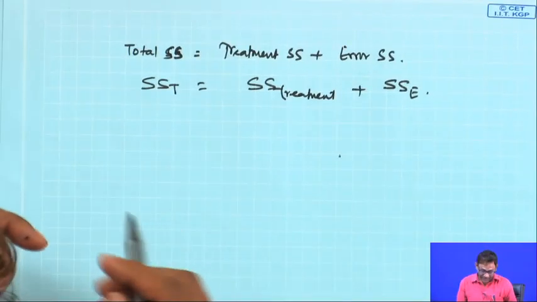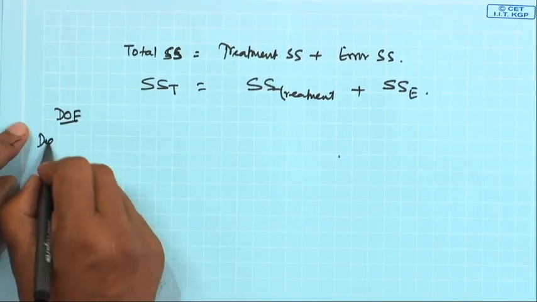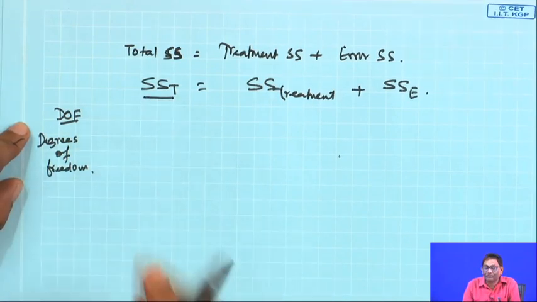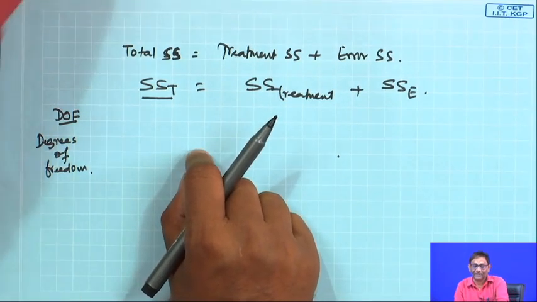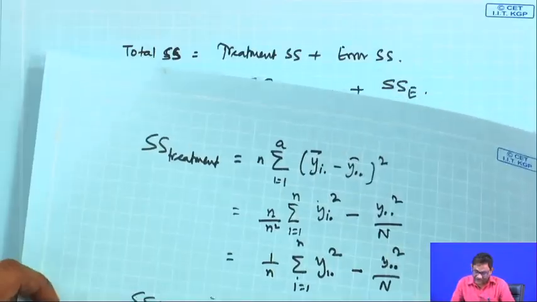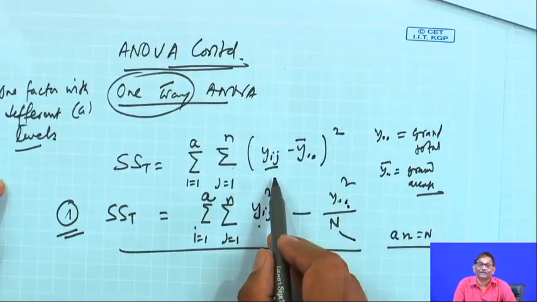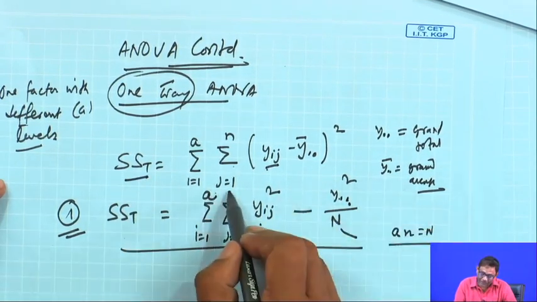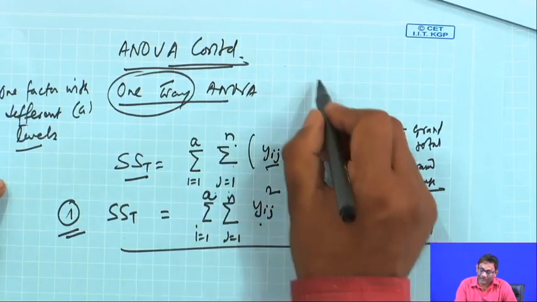Now, another important concept is the degrees of freedom. DOF means degrees of freedom. When you are computing SST, what are the degrees of freedom you are enjoying? Please come to the SS total computation. In order to calculate SS total, you have N observations at hand, where N means a n.